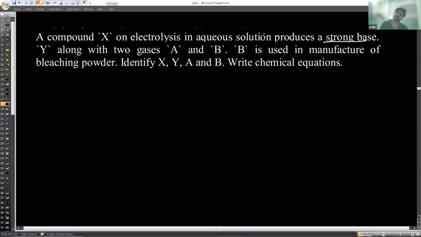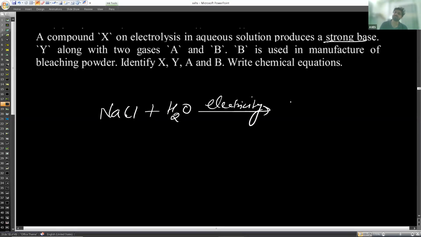What is compound X? NaCl. Aqueous means in water. On electrolysis means electricity is being passed here and it is giving you NaOH plus chlorine gas plus hydrogen gas.